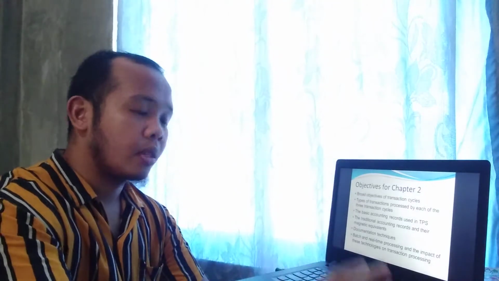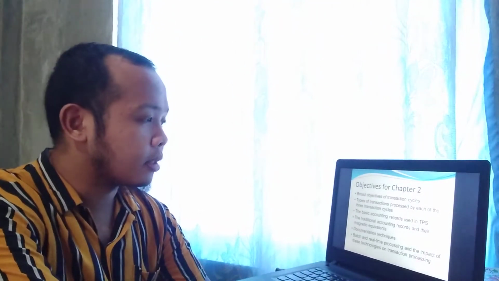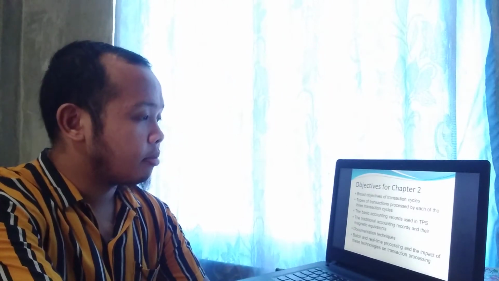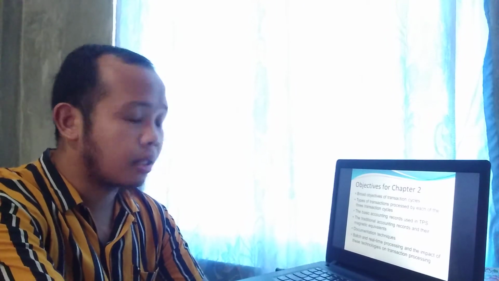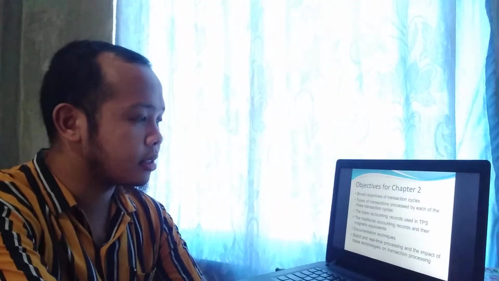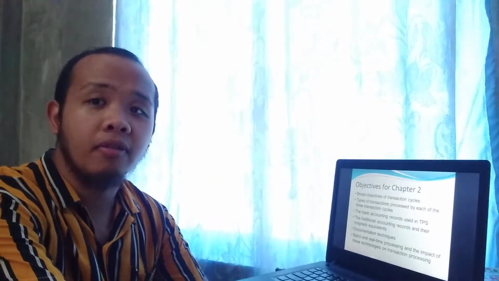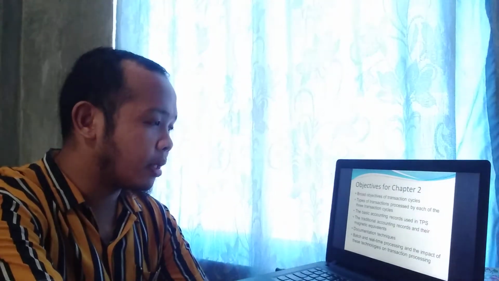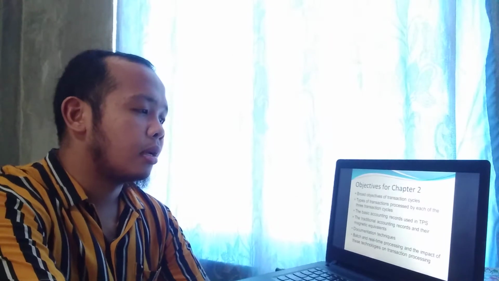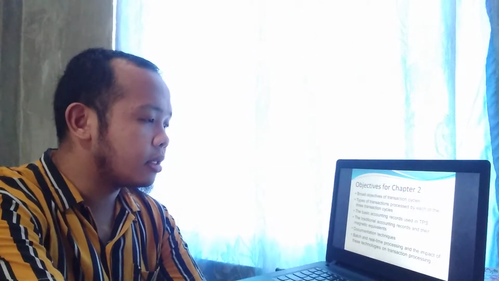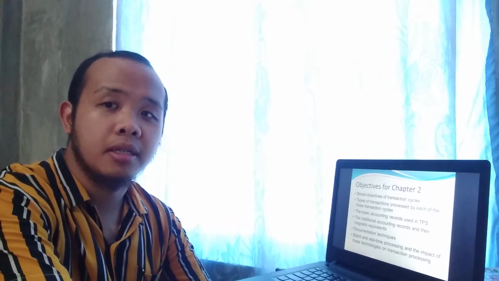So later we will discuss transaction cycles. Basic accounting records in transaction processing, traditional accounting records and their magnetic equivalents, documentation techniques, batch and real-time processing, and the impact of these technologies on transaction processing.